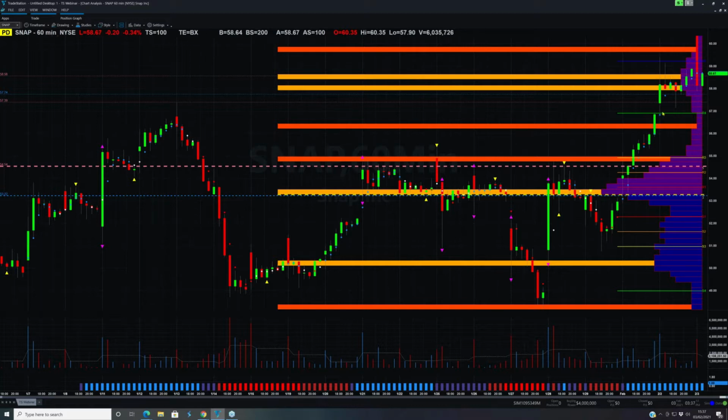What's interesting, it also was above the R4, which is price-based support and resistance based on Camarilla. And the nice thing about the Camarilla indicator that we have developed is that on all the time frames from the hour up to and including the day, these levels are in play for the rest of the week.